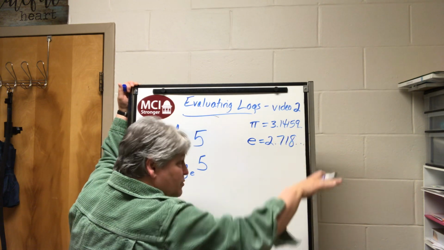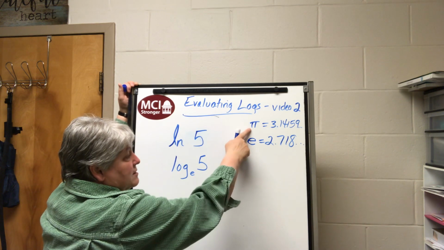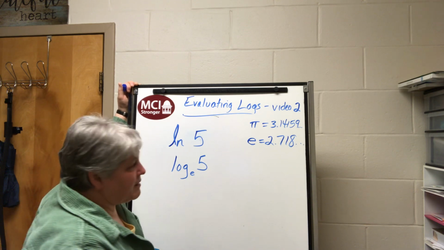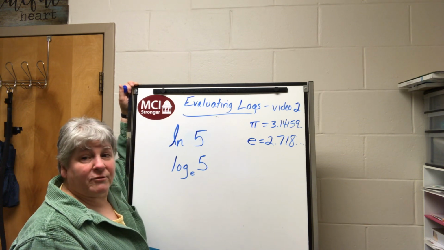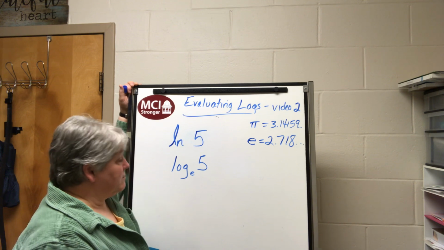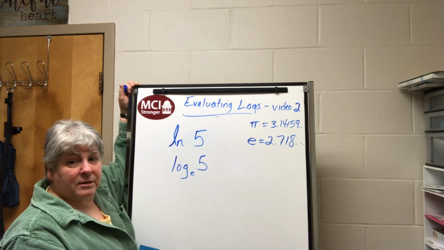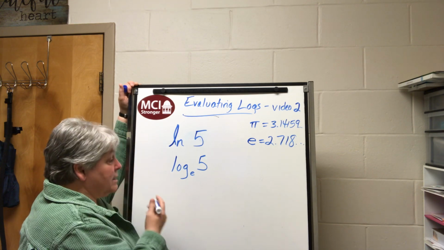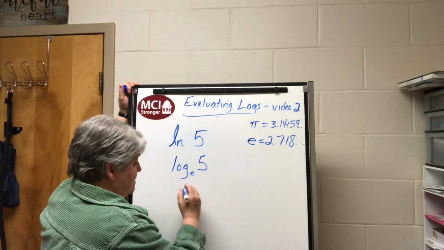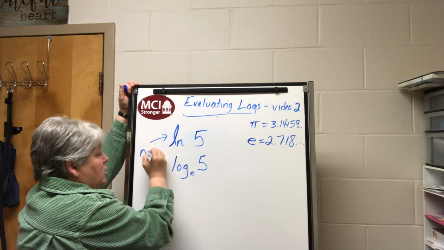The digits will never stop. And the reason we use symbols like this in life is because it's inconvenient to try to write a number that goes on forever and ever. So we write it really as a matter of convenience. This is a number that comes out of natural sciences and also some financial things. So when we see an e, that's called a natural log.